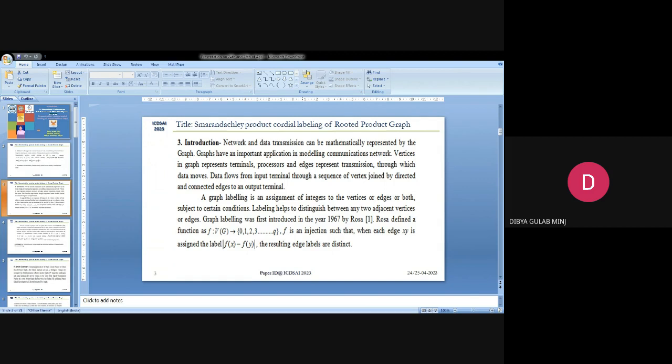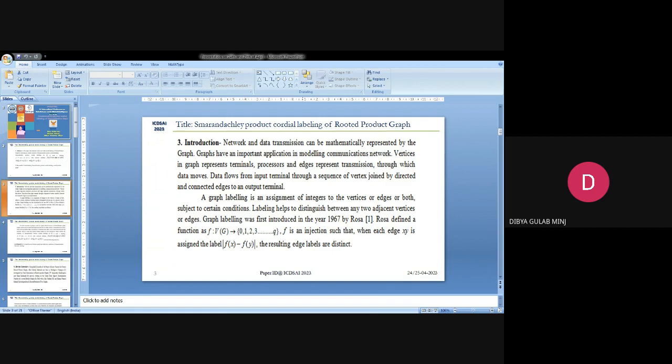Now the researchers are going to work on a graph which is known as a rooted product graph, and graphs can be used to model interconnection networks in which vertices correspond to processors of the network and the edges correspond to communication links.